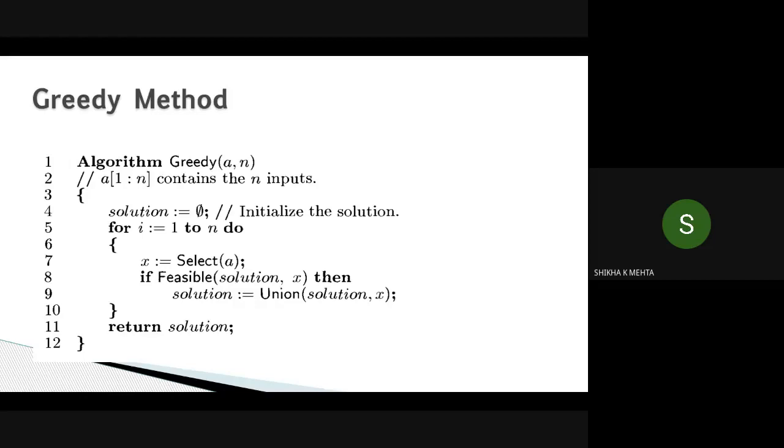A feasible solution is a solution which satisfies the given constraints. If the solution is not feasible, it is discarded. If the solution is feasible, it is added to the set of solutions. So the solution is equal to the union of the solutions of the given inputs. Finally, we return the overall solution to that particular problem. So this is how your greedy algorithm works.